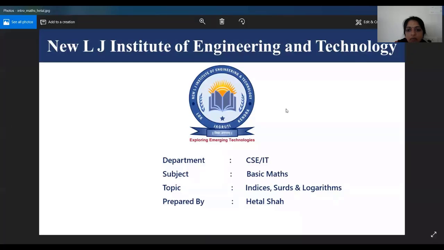The topics are indices, surds, logarithm, differentiation, integration, binomial theorem, trigonometry, etc. First, in this lecture, I am going to teach you very basic topics, that is indices, surds, and logarithm.